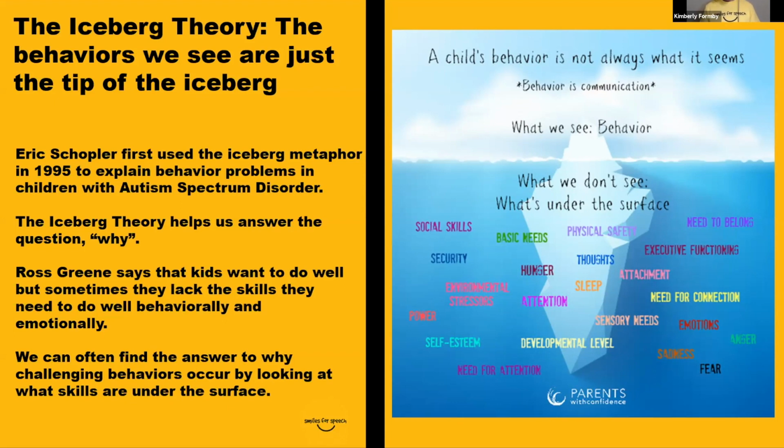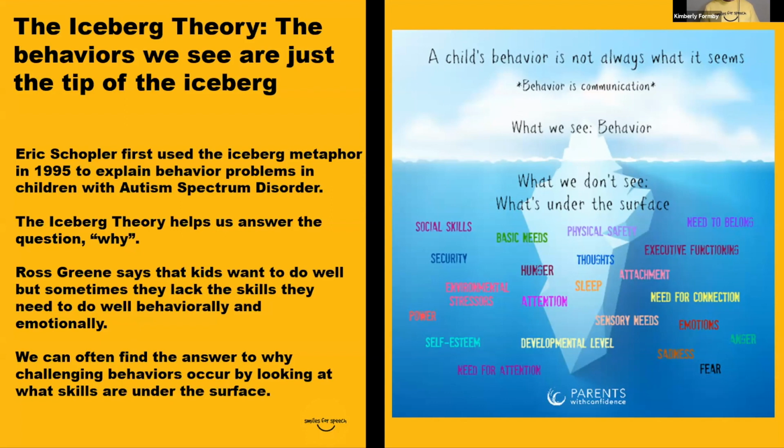So Dr. Ross Green also says that kids want to do well, but sometimes they lack the skills they need to do well. And some of those skills that they might be lacking are under the surface of the iceberg. So those might include sensory processing skills, communication skills.